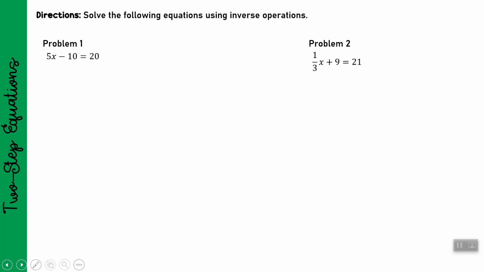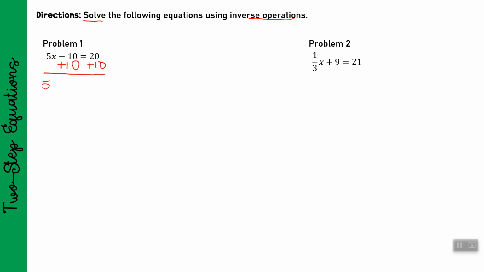Okay, so we're going to solve these problems using what we call inverse operations. So we want to start again at the bottom of order of operations. That's adding and subtracting. That's what we're going to eliminate first. So the inverse, or the opposite, of minus 10 is going to be add 10 to both sides.